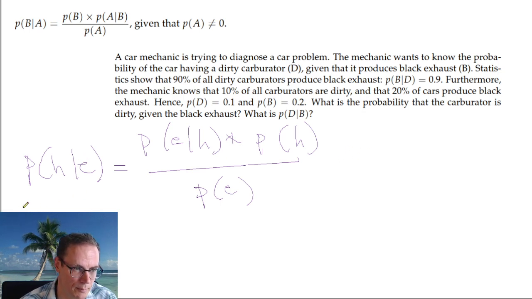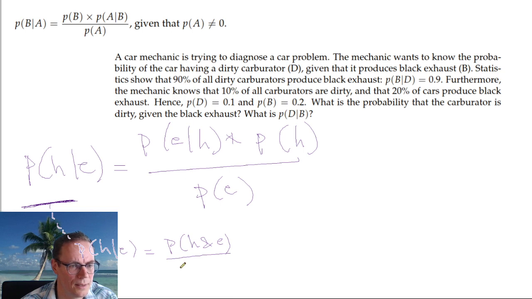It holds on the basis of the definition of conditional probability, because you can define the conditional probability of H given E, which is the probability of both H and E divided by probability of E. And you can simply rewrite the numerator.